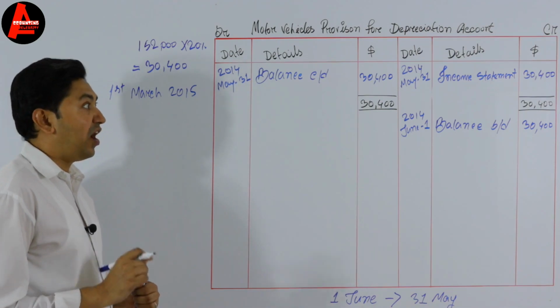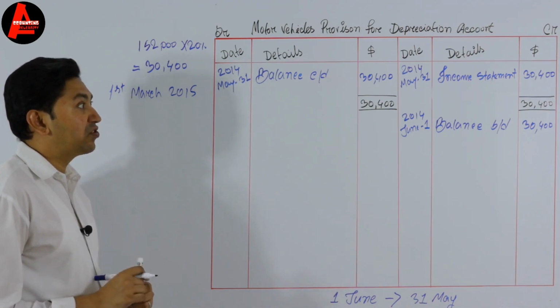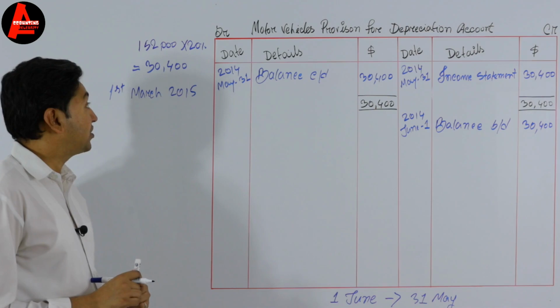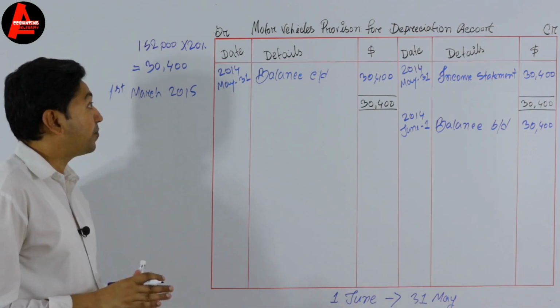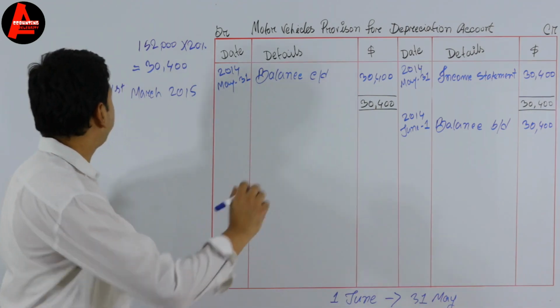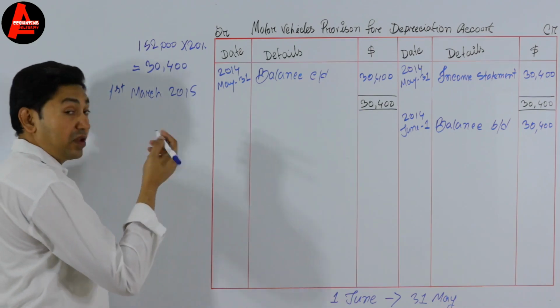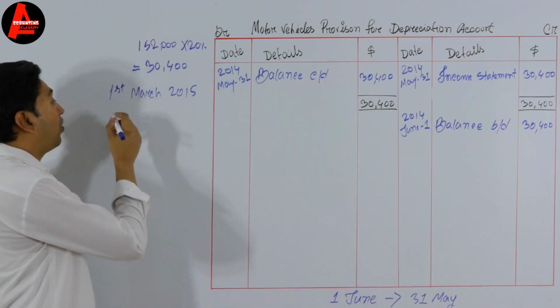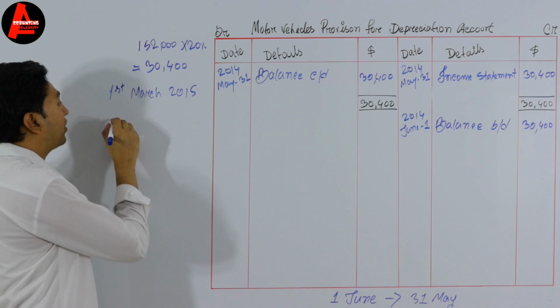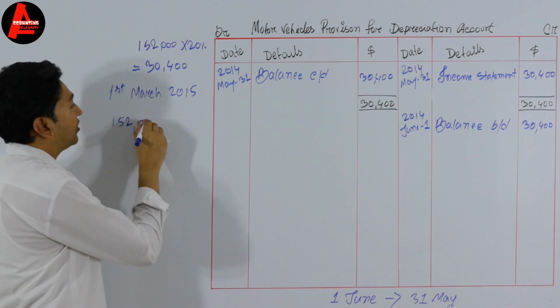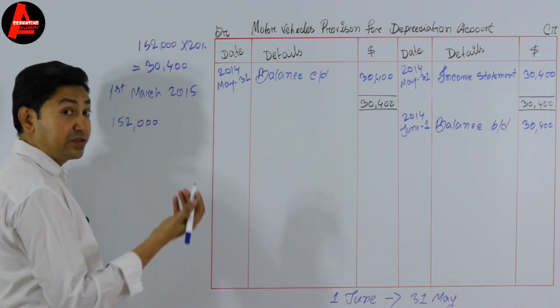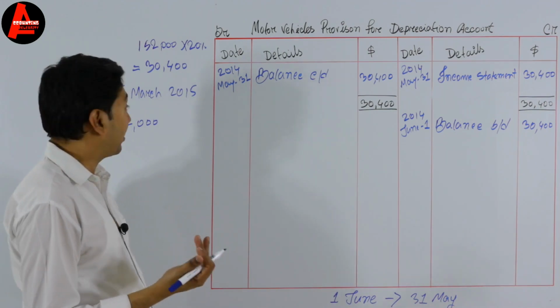So now what to do? We need to calculate depreciation for the old one. Let us calculate here. The cost price of the old one was $152,000. It is the balance reducing method. Don't forget.